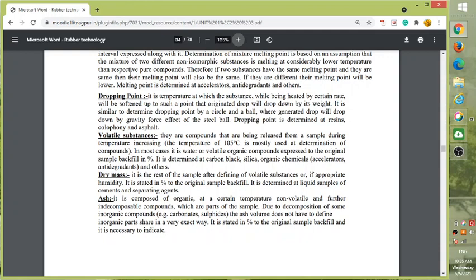I'm just telling you for example, it is similar to determining the dropping point by a steel ball, where the generated drop will drop down by gravity force effect of the steel ball. Dropping point is determined for resins, colophony, and asphalt.